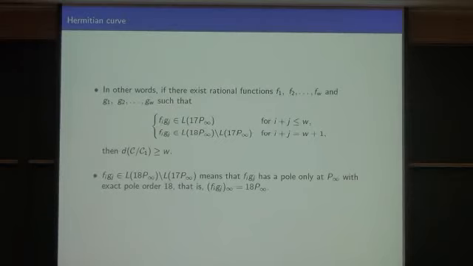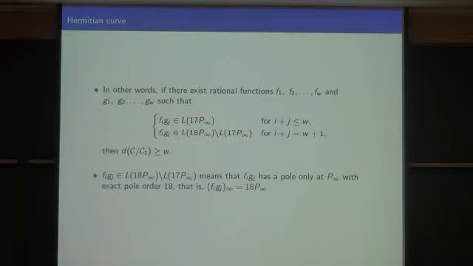Okay? So let's try to rephrase this. In other words, if there exist functions f1 to fw and g1 to gw such that f_i g_j, if you multiply these two, it goes into L(17P∞), that means you need to have pole order at most 17. So 16, 15 is okay for i plus j less than w. And now the important thing is here, f_i times g_j is in L(18P∞) minus L(17P∞).